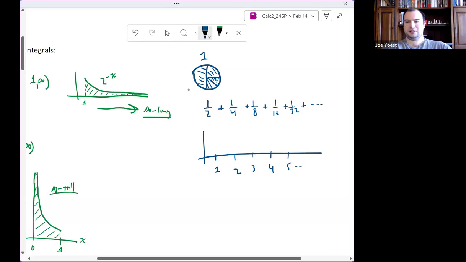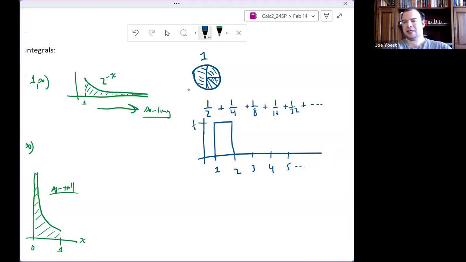I might think of making a block of, let's say, width 1 between 1 and 2, and height 1/2. Since this block has width 1, its area, the numerical value, is the same as the height.